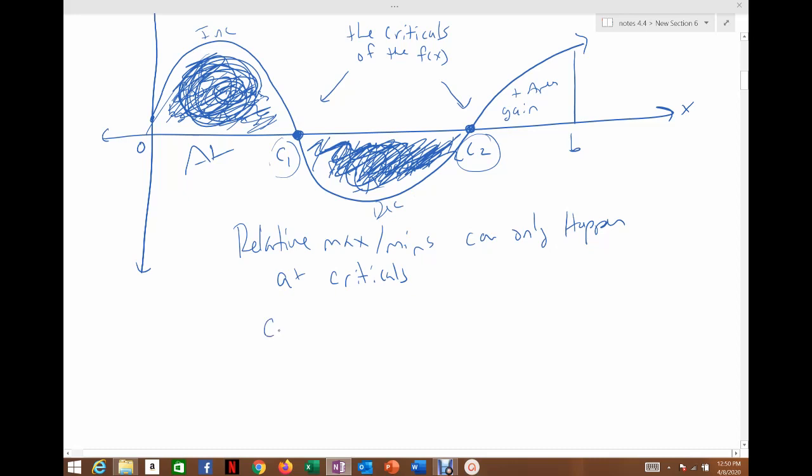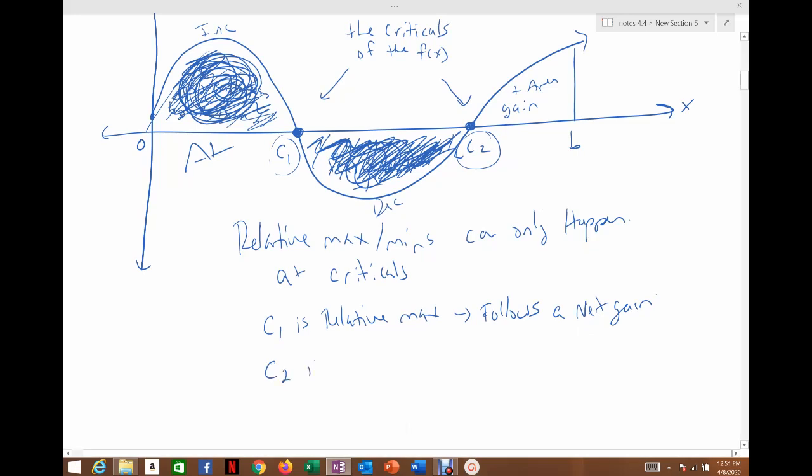And so my first critical value is a relative max because it follows a net gain, right? And then it goes into a net loss. So it changes from gaining to losing, so that would be a maximum.